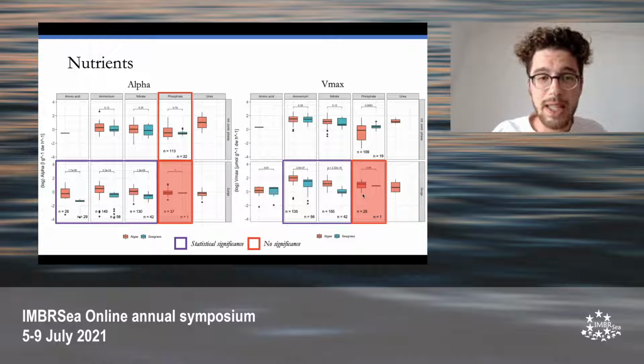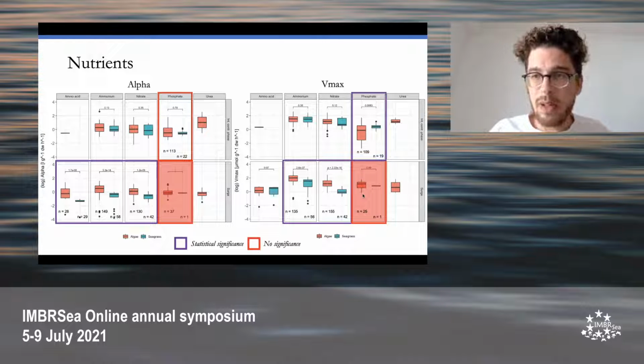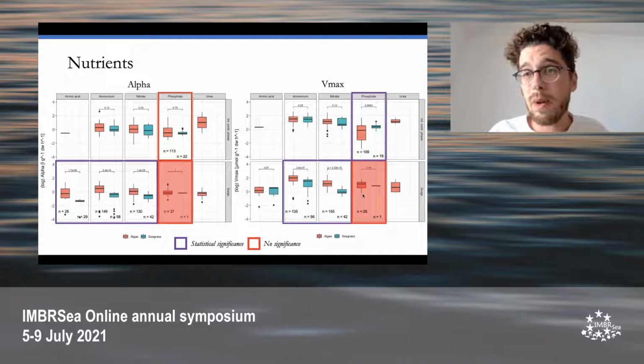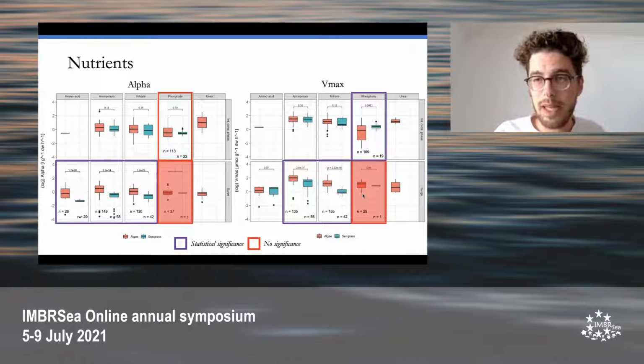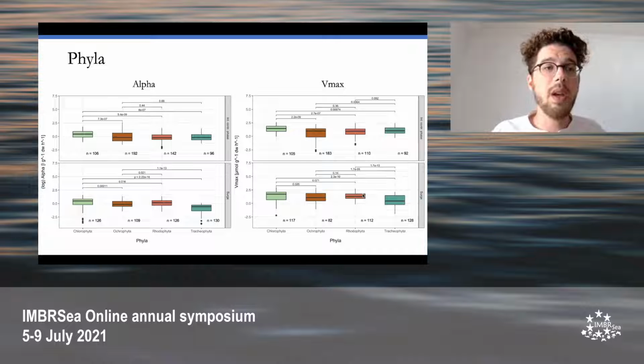However, here shaded in red, we need to be careful as we only have one value for seagrasses. Interestingly, however, we found the significance for phosphate in the internally controlled phase for Vmax in favor of seagrasses. So here might lie an explanation why seagrasses dominate over algae in oligotrophic waters.